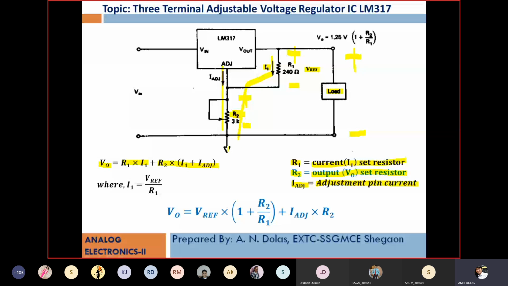Both the currents are passing into R2. So R2 into I1 plus I adjust, where I1 is V reference, which is 1.25 volt divided by R1.